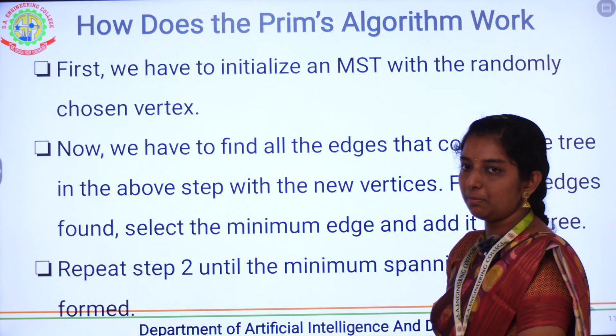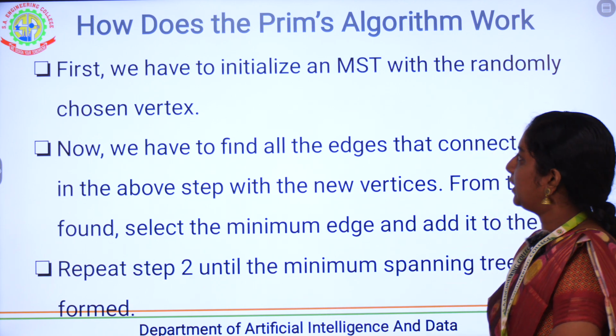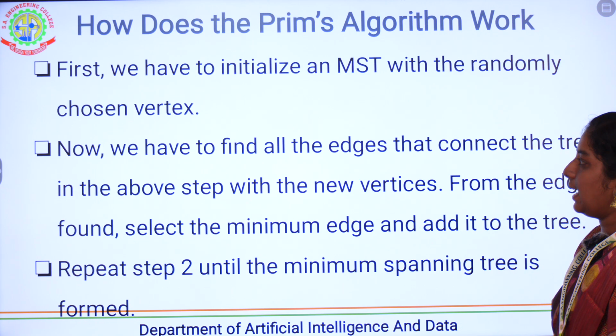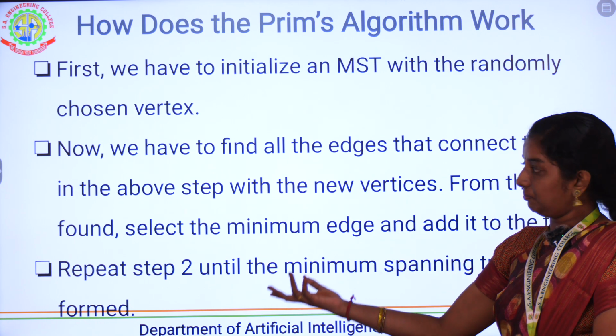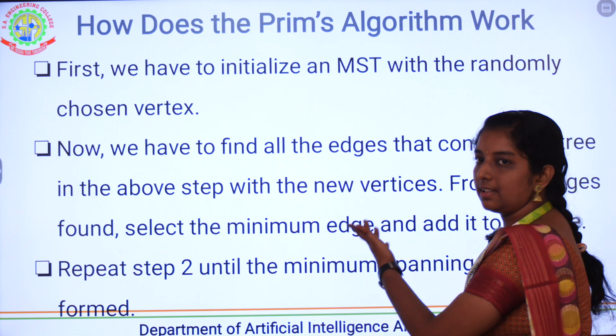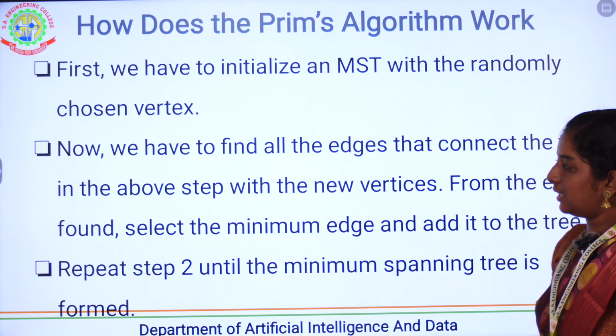These are the working procedures for Prim's algorithm. In the first step, we initialize the minimum spanning tree principle, and it checks the vertices and the edges randomly to implement the minimum spanning tree method.